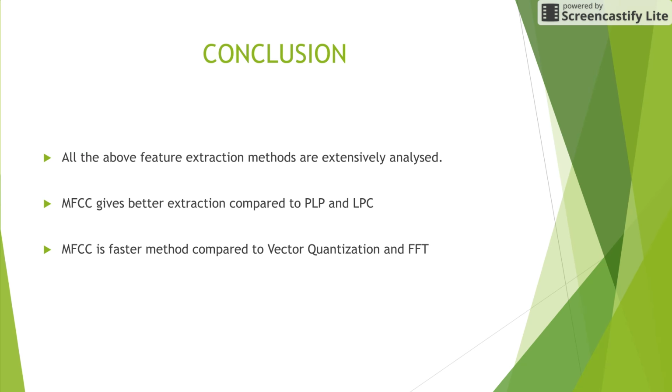Because every Fourier transform we use is a logarithmic function, and it is basically very easy to extract from a logarithmic function, because almost every data set is a Gaussian. So logarithmic functions generally do a better job with a Gaussian data set. So MFCC is a faster method compared to vector quantization and FFT. So this is my project. Thank you very much.